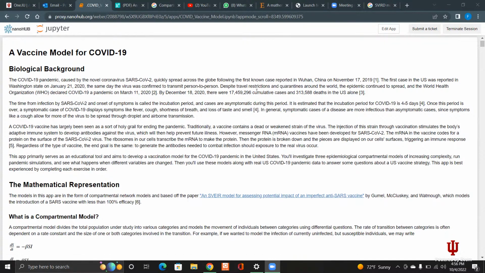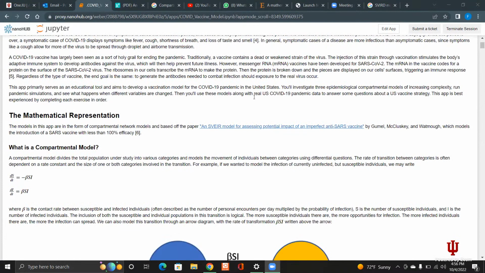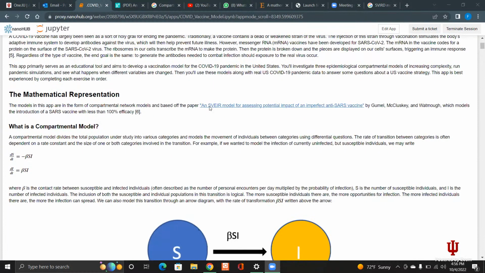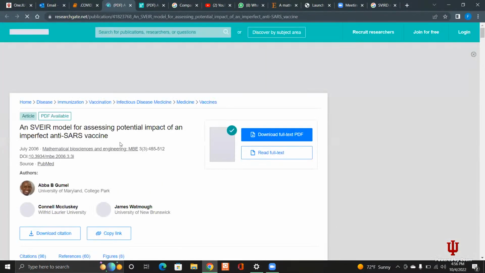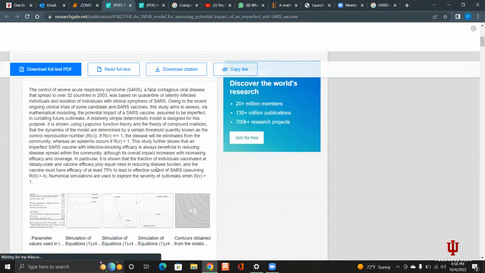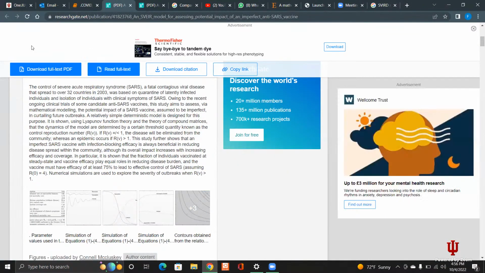So this is actually a very interesting and good project application that I came across. It is based on a paper, which we can come to later on.